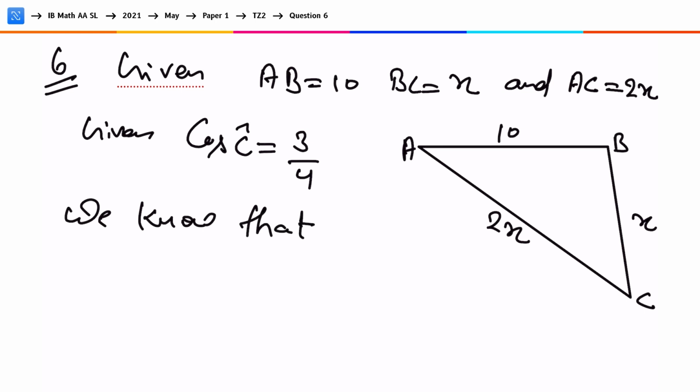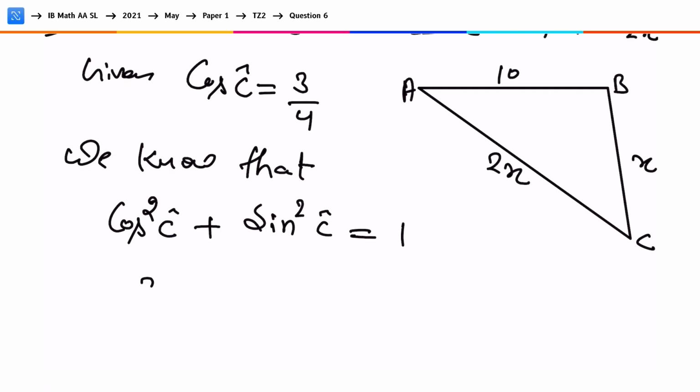We know that according to the trigonometric identity, the square of the cosine of angle C plus the square of the sine of angle C is equal to 1. Substituting the values, we get 3 divided by 4 squared plus the square of the sine of angle C is equal to 1.